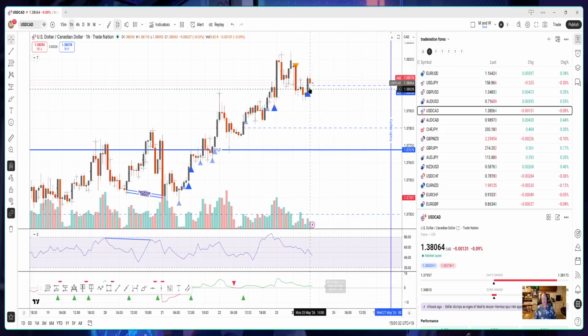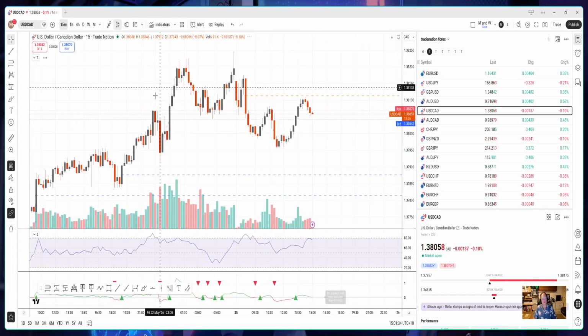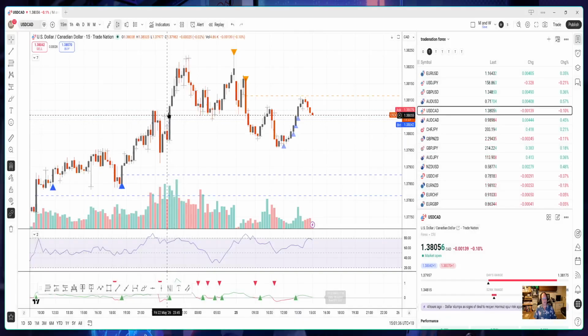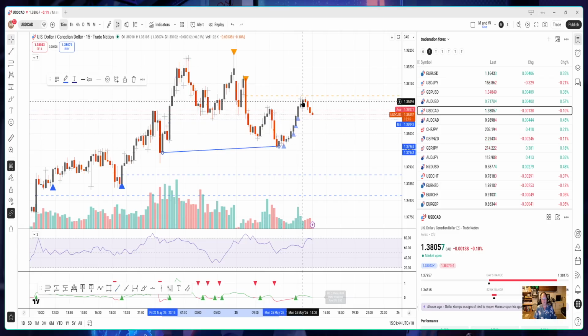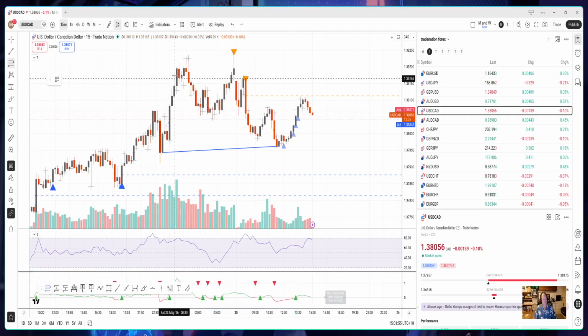USD CAD, that looks like a 15-minute short. See, shoulder, head, shoulder. So we're gonna annotate that up. This will be the shoulder because this is higher than that, so we're gonna choose this as part of this weirdo head, and this is the shoulder. And we will use, what's the top of that?